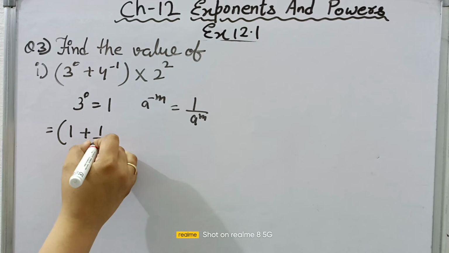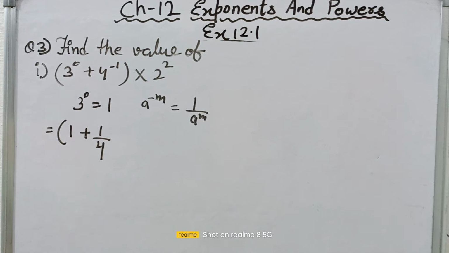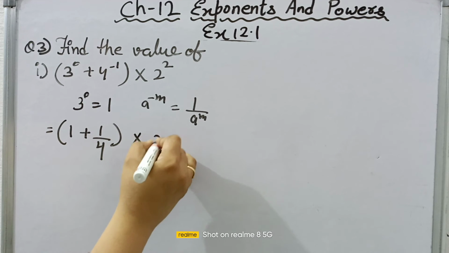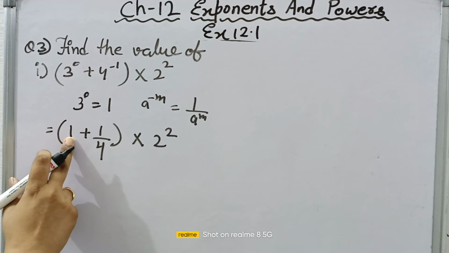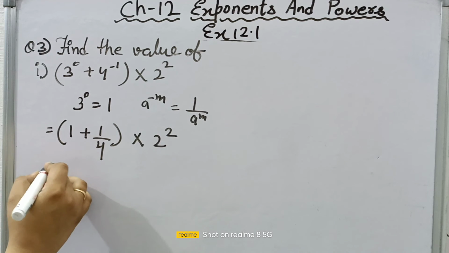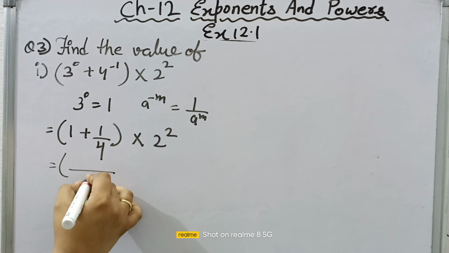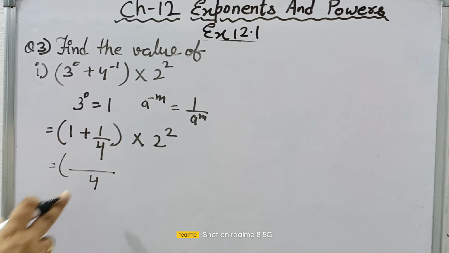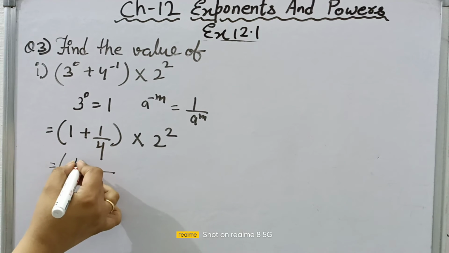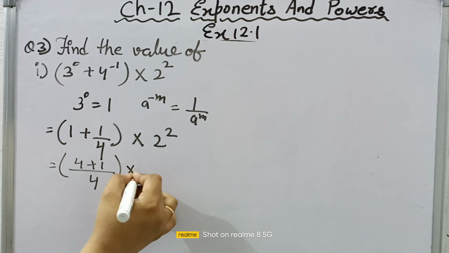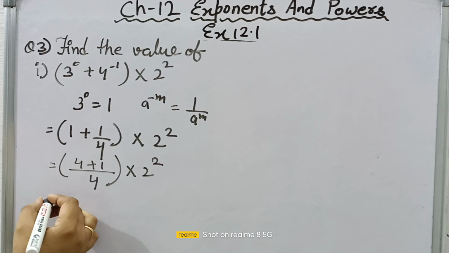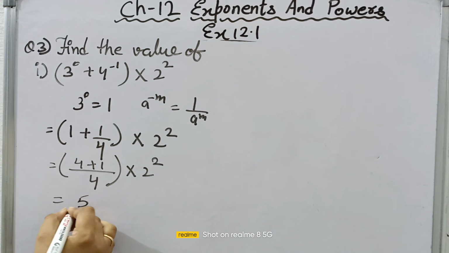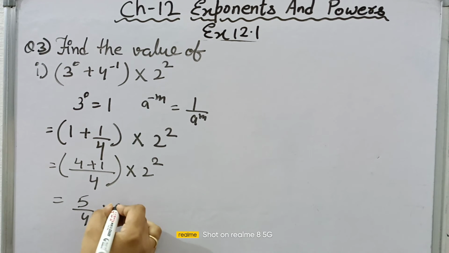So we will write 1 upon 4. Right? Now we have to add this 1 and 1 upon 4 by taking LCM. Take LCM as 4. Now it will become 4 plus 1 multiply 2 raised to the power 2. This becomes 5 upon 4 multiplied with 2 raised to the power 2.